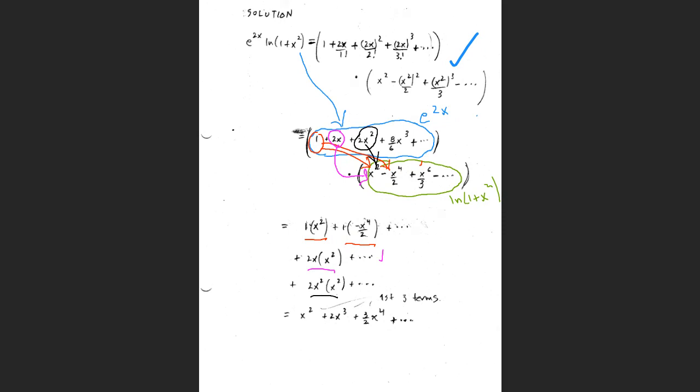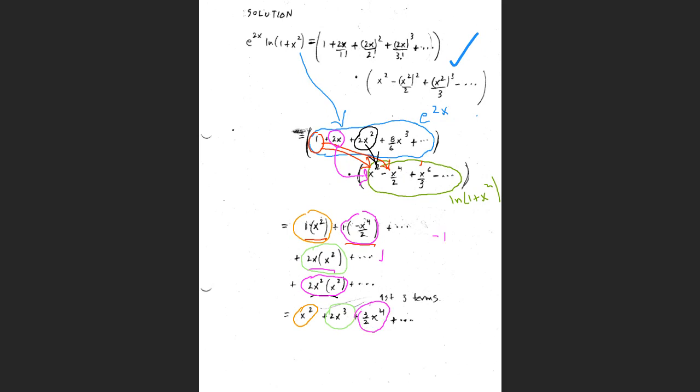So you see what happens is if we add up just the 4 terms you see, okay, so like 1x squared gives me x squared. 2x times x squared gives me 2x cubed. 1 times negative x to the 4th over 2 plus 2x times x squared will give me 3/2 x to the 4th.